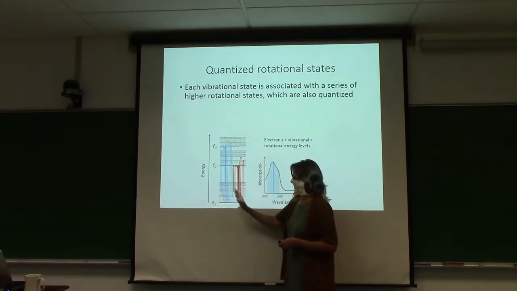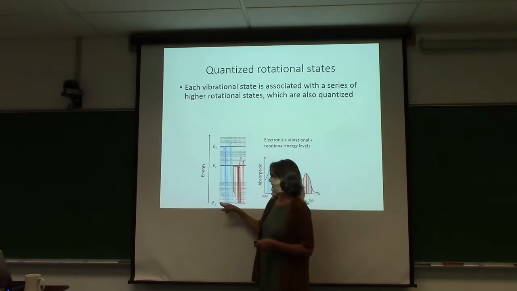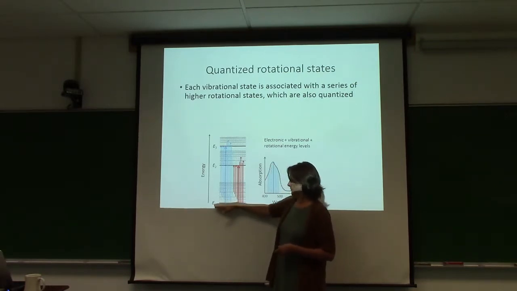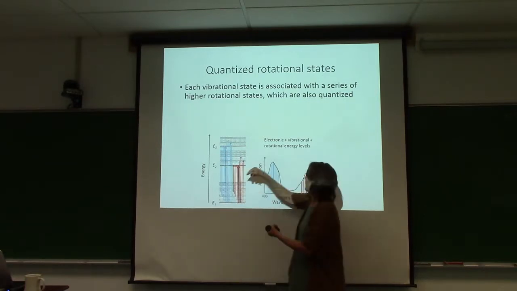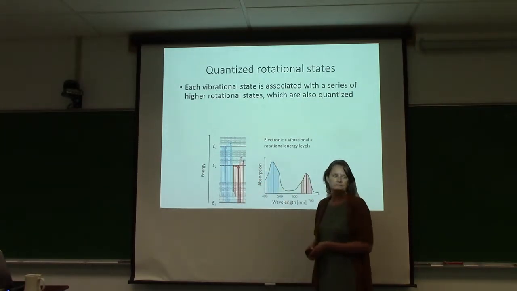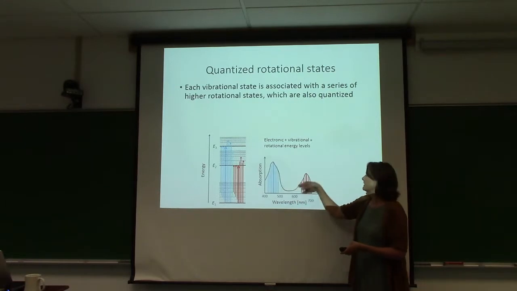And so if you have a molecule that's in its ground state, say first vibrational level, second rotational state, there's a probability that it will absorb energy of this magnitude, and that will give you one of these peaks here. Okay, so now you start to see this smooth curve.